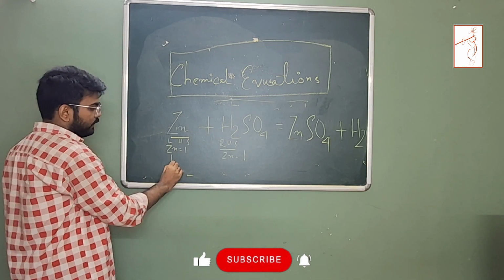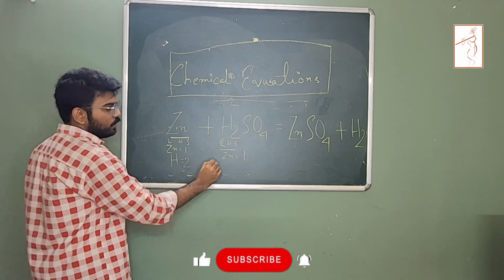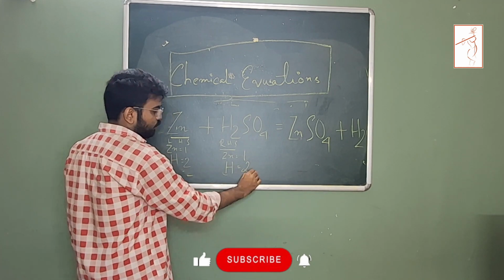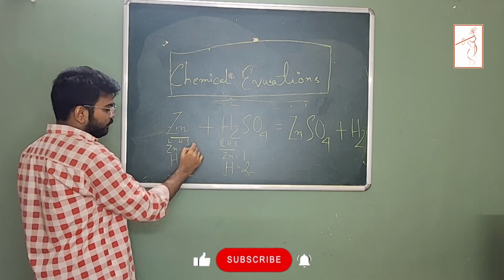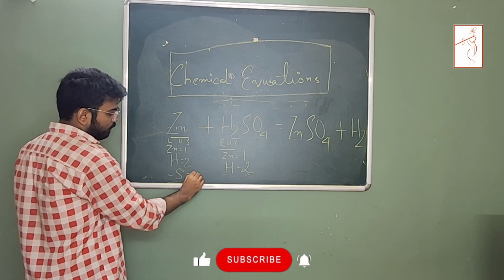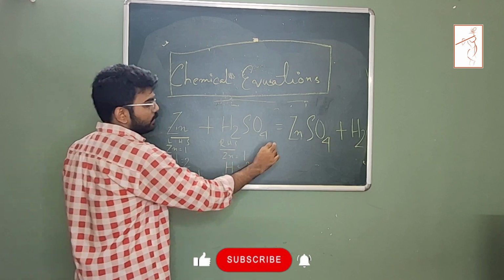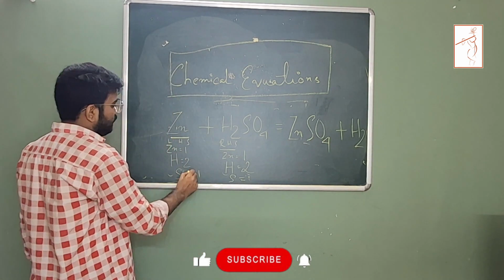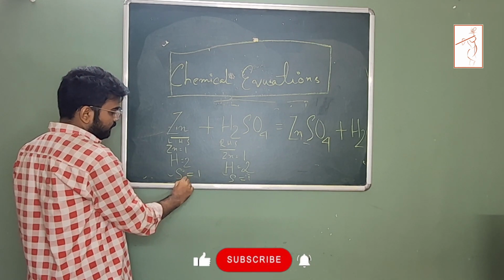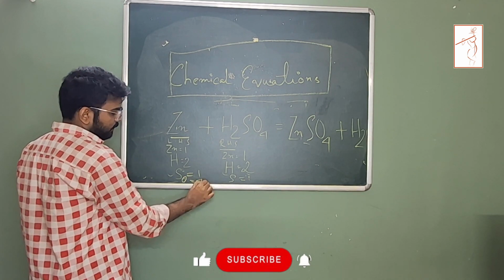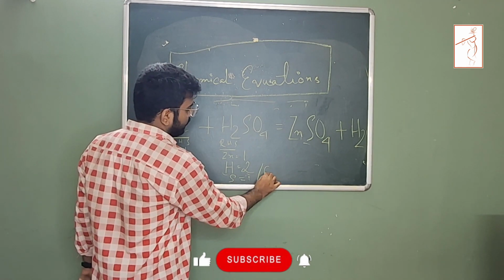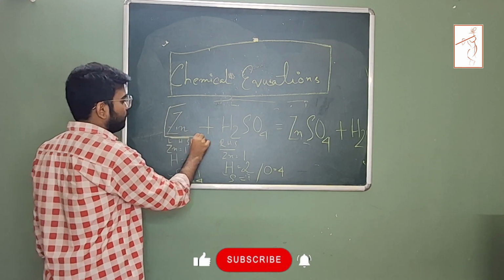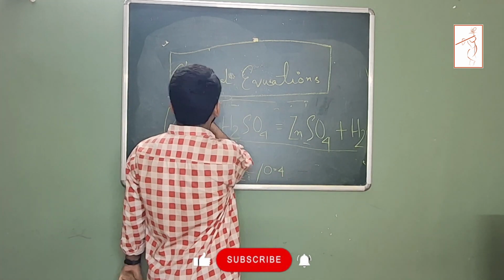On the left-hand side, the number of hydrogen is 2. On the right-hand side, the number of hydrogen is 2. The number of sulfur is 1 on each side. The number of oxygen is 4 on each side. So it is a balanced equation.